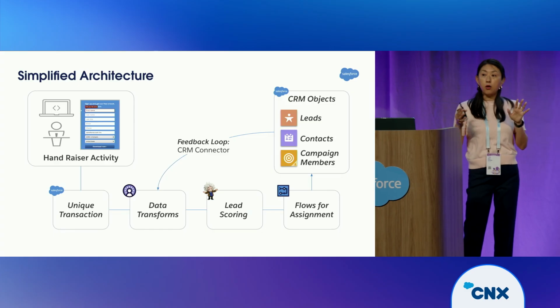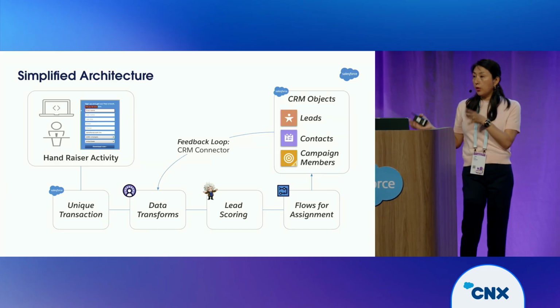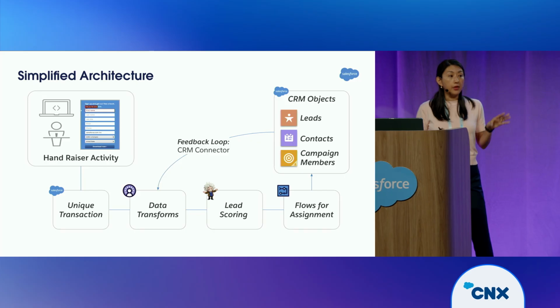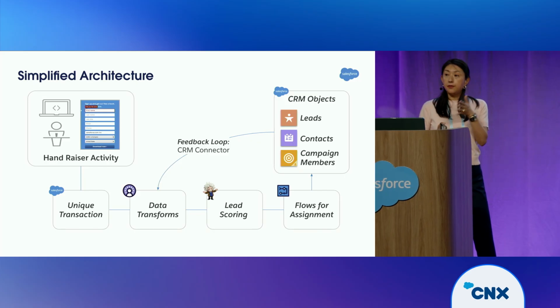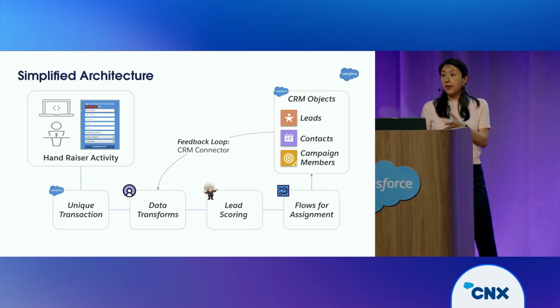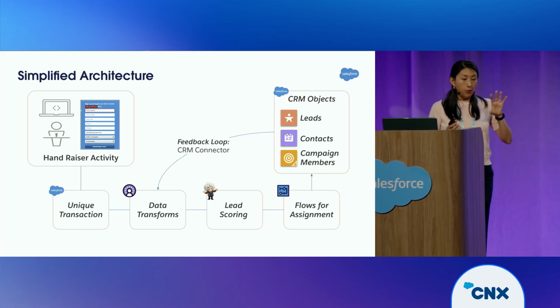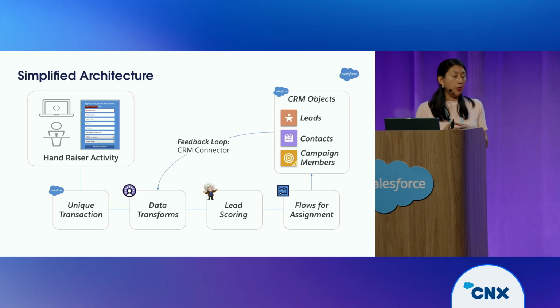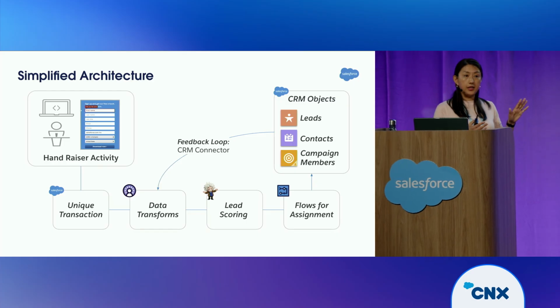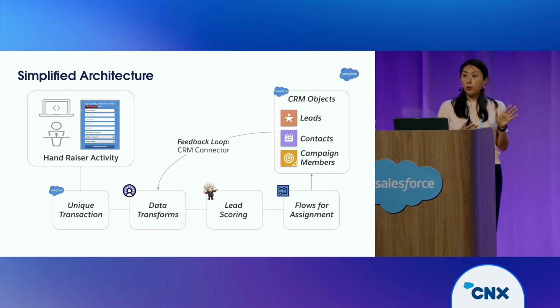And then finally, all of that information, the lead records as well as the enriched record, hits flows where all the assignment decisions are made for all of the lead records. And then once we have the updated lead record, it's sent to another CRM org where sales teams primarily operate.